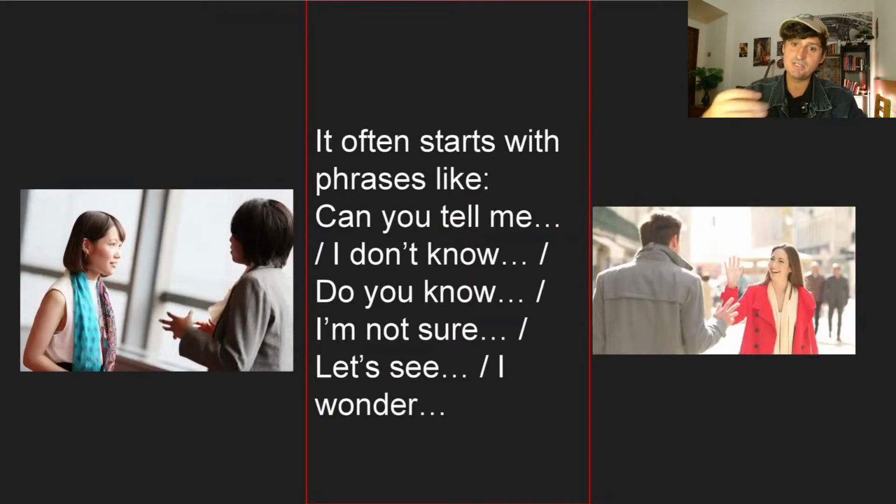So many times, these embedded questions start with phrases like, "Can you tell me where the store is?" or "I don't know where she is." "Do you know where she is?" "I'm not sure where she is." "Let's see where she is." "I wonder where she is."